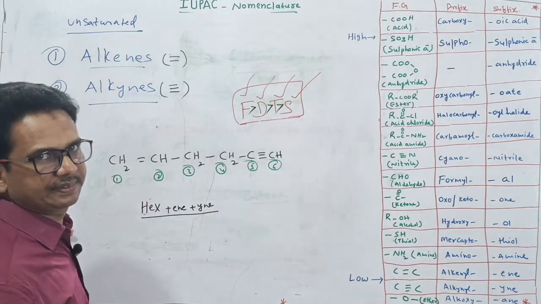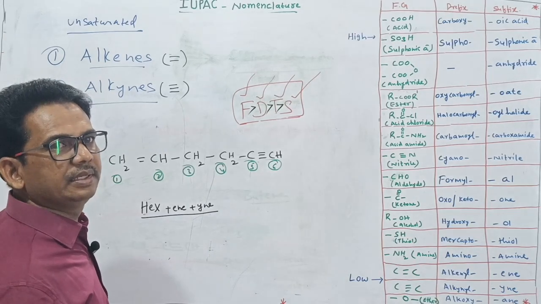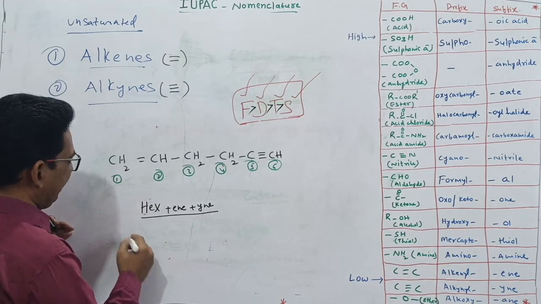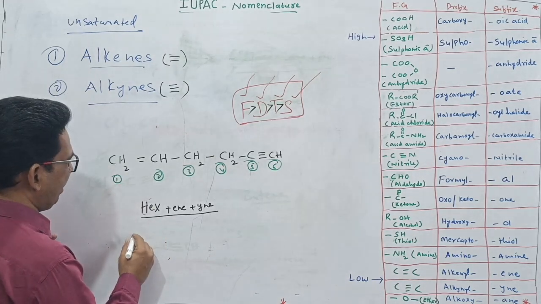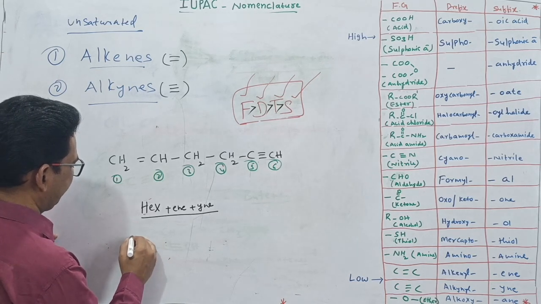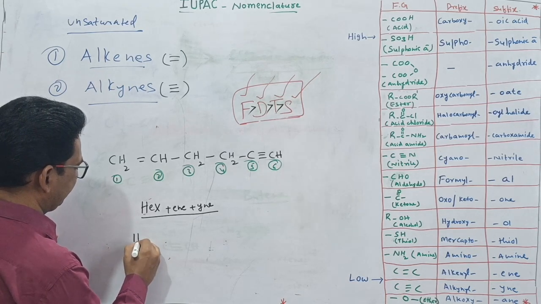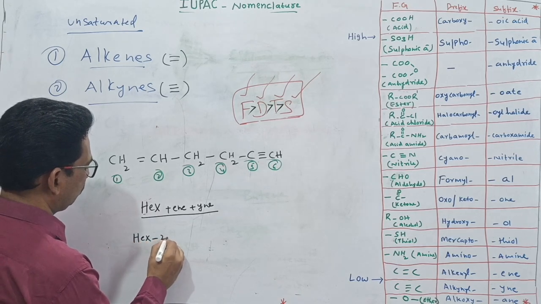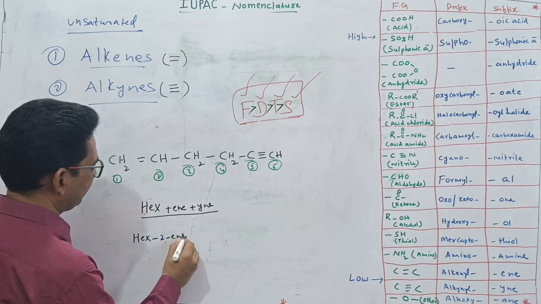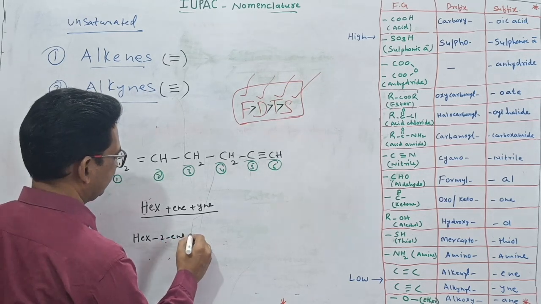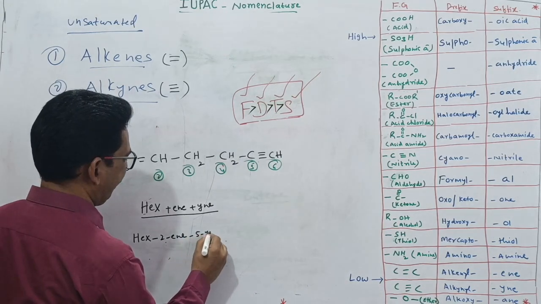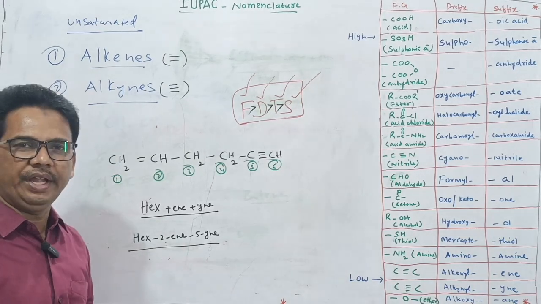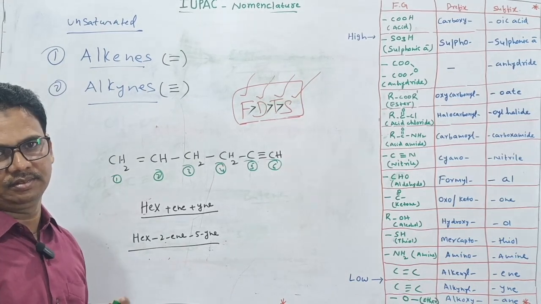So how are we writing the IUPAC name? Just see, in this case: hex-1-en-5-yne.